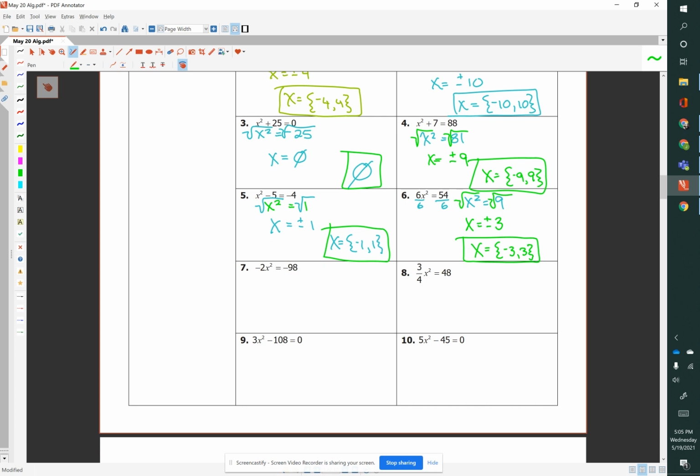Okay, number 7, we will divide both sides by -2 to give us x squared equals 49. And that becomes now positive 49. We'll take the square root of each side for x equals plus or minus 7.